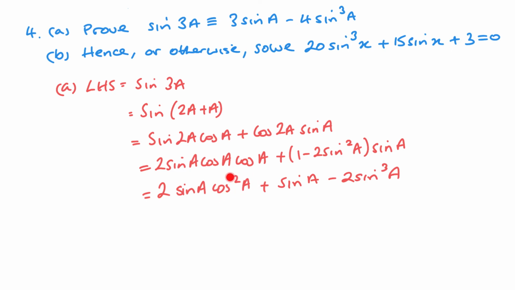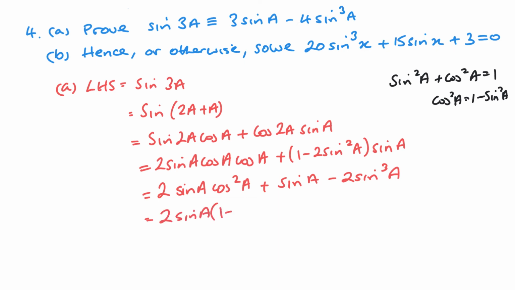Now I've got left to get rid of this cos squared. So if you think back to your sine squared a plus cos squared a equals 1, then cos squared a is 1 minus sine squared a. So that's what I can substitute in here. So we have 2 sine a multiplied by 1 minus sine squared a plus sine a minus 2 sine cubed a.